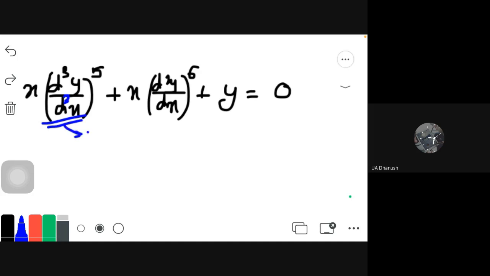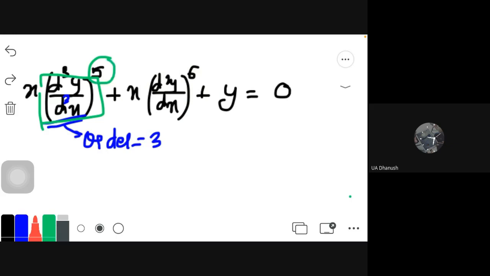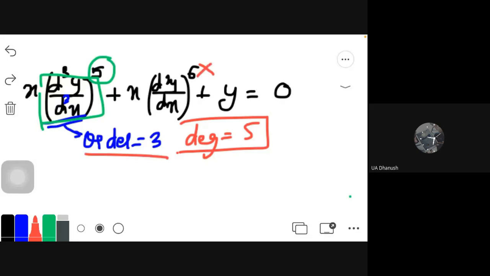So this becomes your order. I'll write: order is 3. Then you will have to see the degree of the highest order derivative only. So the highest order derivative is this and the power is this. So the degree will be 5 and not this. You should not look at the highest power. You should look at the highest order of derivative, and then see the power of that highest derivative. So the highest order was 3 and its power was 5. So order is 3 and degree is 5.